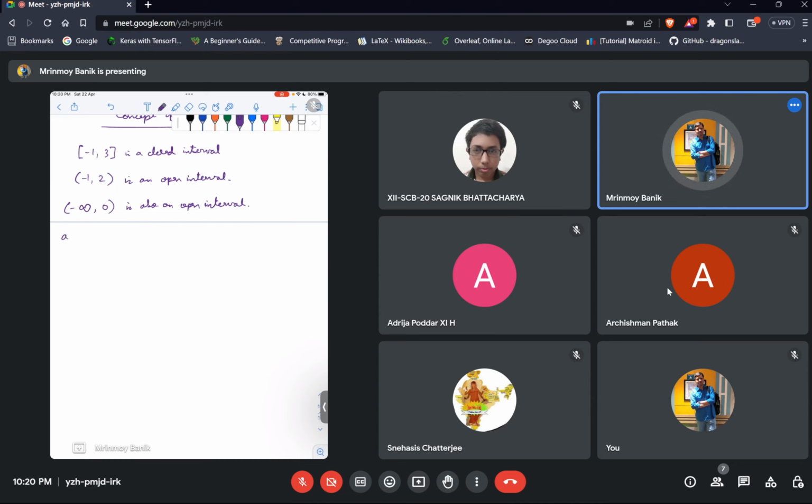So we say a set S, which is a subset of real numbers, is open in R if for all x in S there exists epsilon positive, such that the interval x minus epsilon to x plus epsilon is inside S.